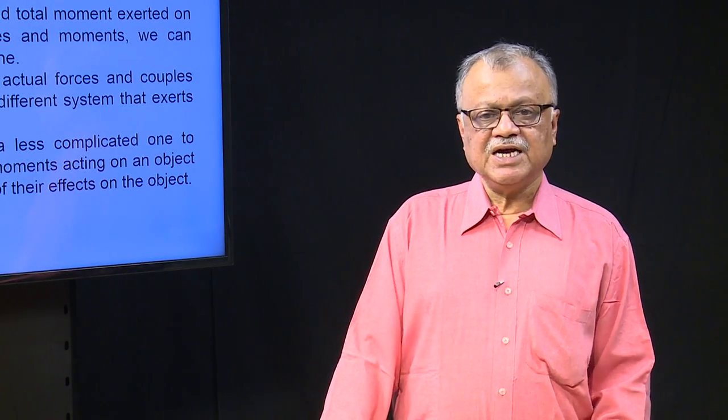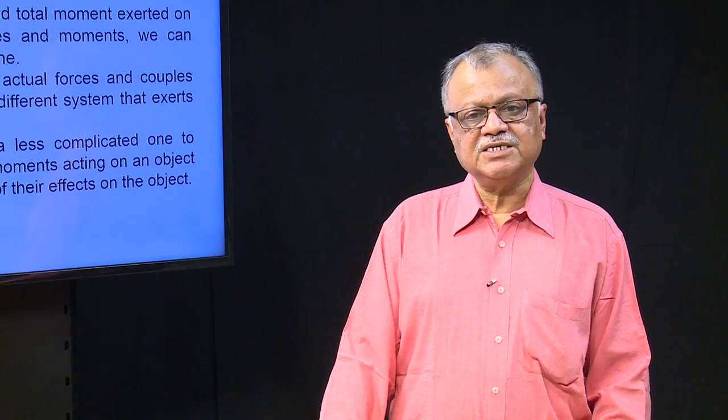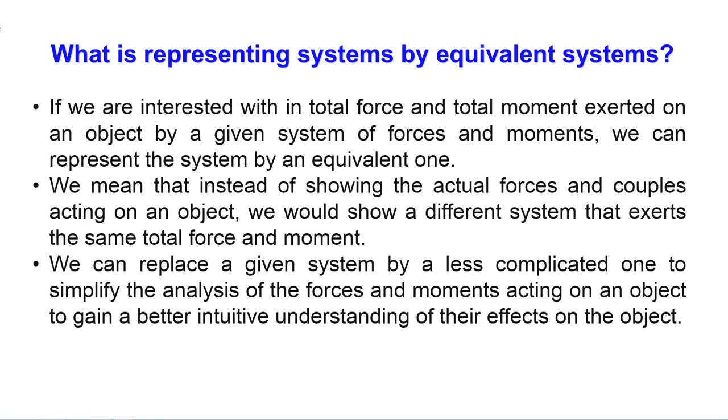In a deformable body, how the forces are distributed is very important, but in a rigid body we assume there is no deformation. So, we are interested in the total force and moments, and we do all the analysis for equilibrium and dynamic analysis, everything.